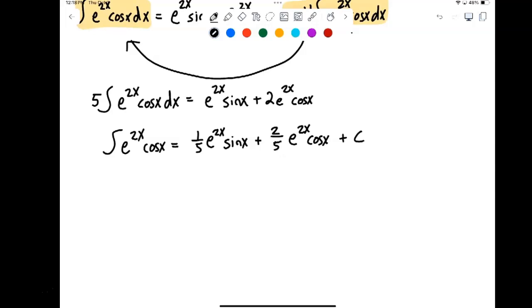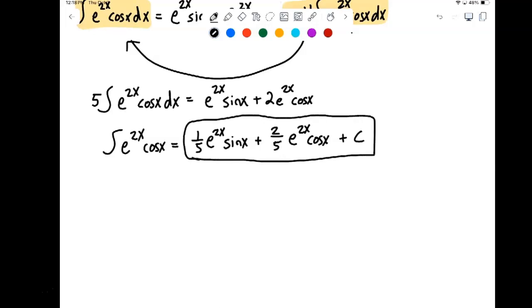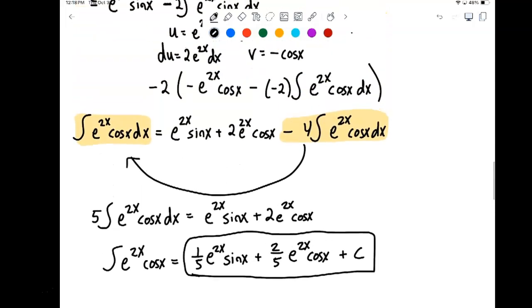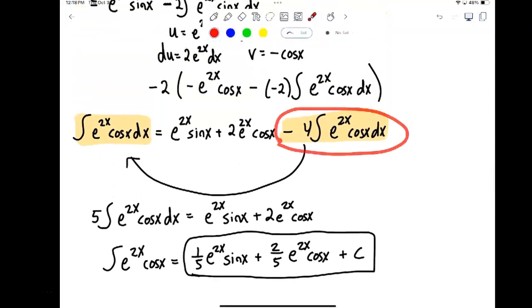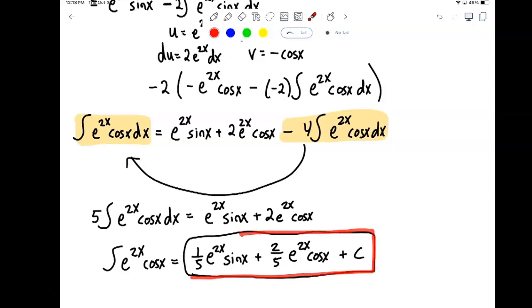This is a case where we had to do it twice, and at first it seemed like that led us into a hopeless place, but we're able to bring that over and actually solve for the integral by dividing by 5. And now we have the antiderivative of e to the 2x cosine x.